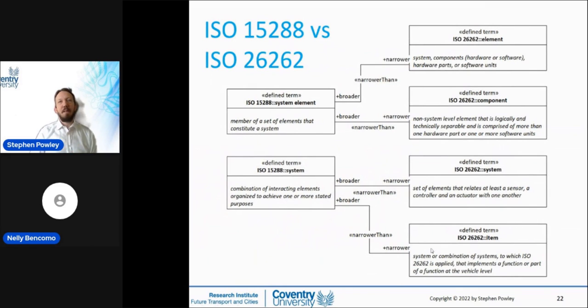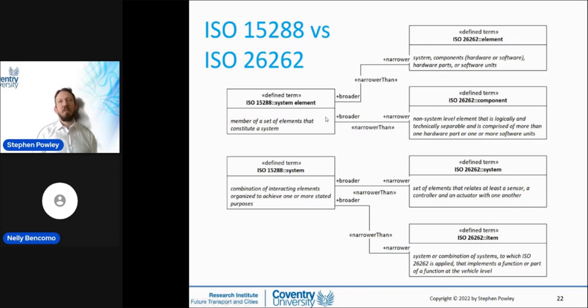This is a very simplistic example. On the left, we have the systems engineering standard in the context of 15288. And on the right, we have the automotive functional safety standard. And you'll see here that they have very similar terminology: system element and element, system and system. But in the narrower focus of the functional safety standard, we find that, unsurprisingly, the definitions are much narrower.